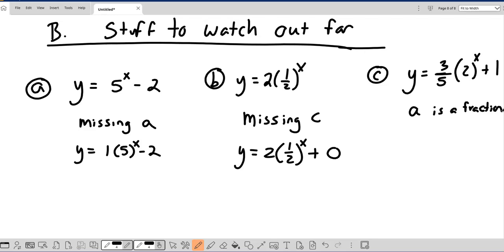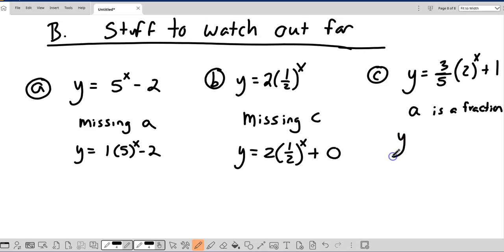Sometimes you'll end up with an A value that is a fraction. That makes it kind of a pain when it comes to graphing. But what did we say to do about that yesterday? Did you watch the rest of the video yesterday? Change it into a decimal, right?